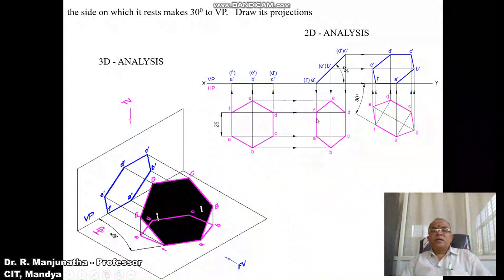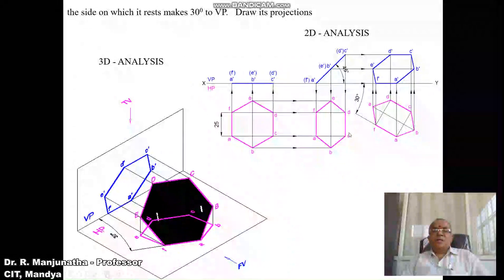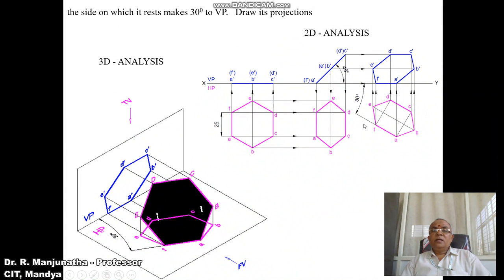So you rotate that side by an angle of 30 degrees to VP. From the projections of lines, on the true inclination line we are going to get the true length. Therefore, you are going to reproduce the second position top view in the third position by rotating it at an angle of 30 degrees, and then project this to get the front view.